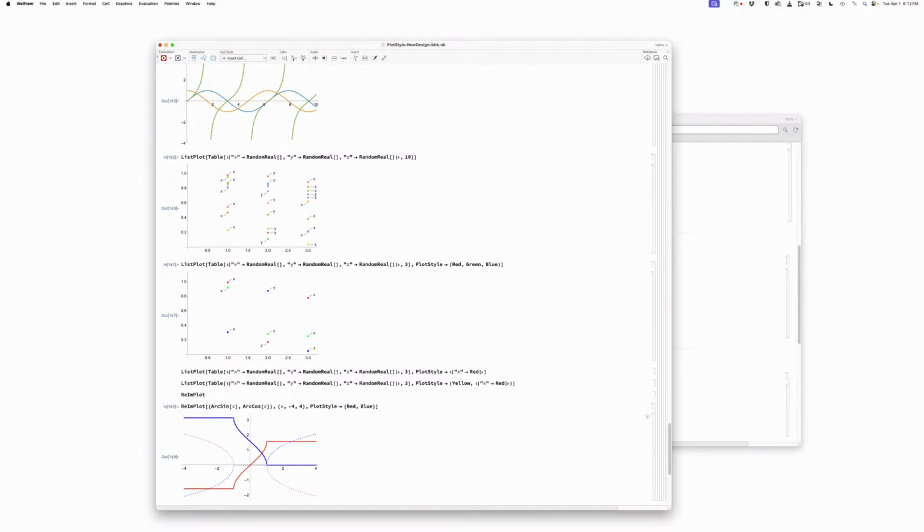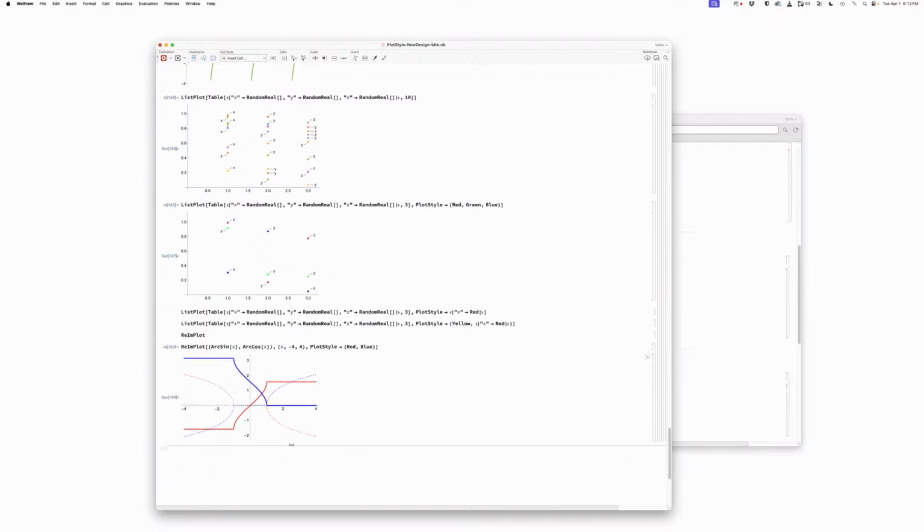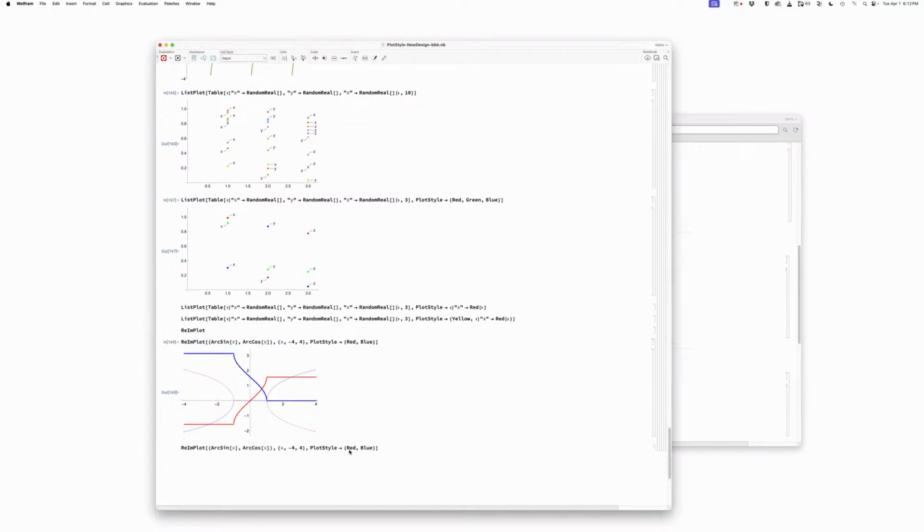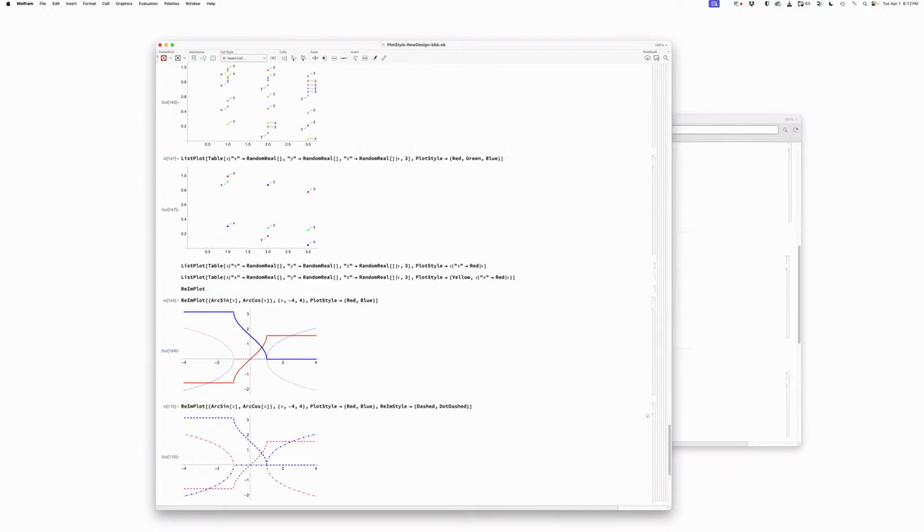Yes, and there's a ReIm style. You could say dotted, dashed or something. I'm sorry, what's ReIm style? Just add that to the end, after plot style. And dash dotted, and you'll see what it does. Ooh, fancy.